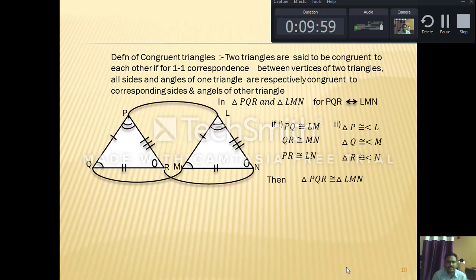In the figure, in triangles PQR and LMN, for the correspondence of vertices PQR to LMN, if side PQ is congruent to LM, side QR congruent to side MN, side PR congruent to side LN, and angle P congruent to angle L, angle Q congruent to angle M and angle R congruent to angle N, then we can say that triangle PQR is congruent to triangle LMN because these two triangles overlap each other.